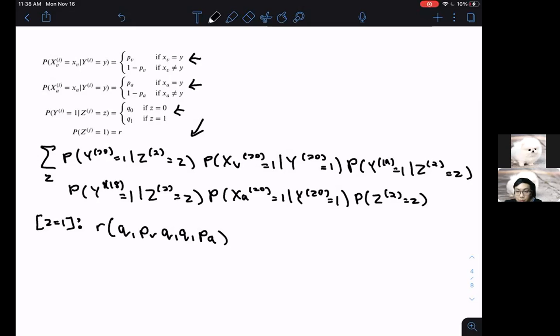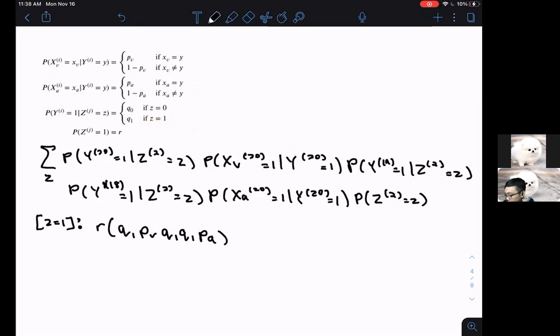For example, when I plug in z equal to 1 into the first conditional probability, the probability of y20 equal to 1 given z2 equal to 1, that just corresponds to q1, reading it straight from this distribution, because this is the case where z is equal to 1 and y is equal to 1. And that's where those values come from.